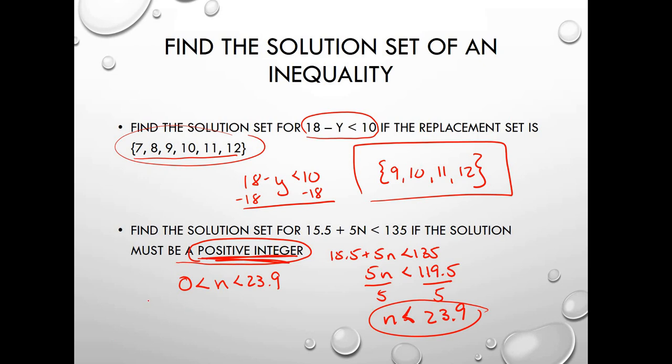So really, my replacement set is all integers from 1 to 23. So I could list them all out. 23 is the last one. We can use dots to show that the numbers continue on. We'll talk more about this one together in class, so be sure to hold your questions till then. And I think that's it.